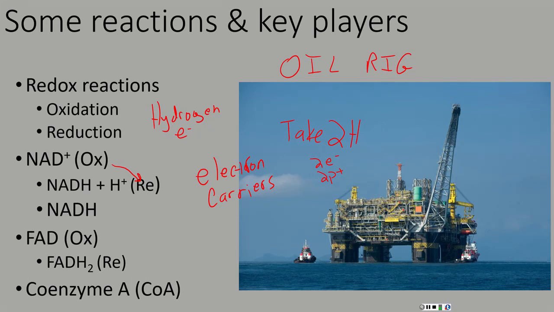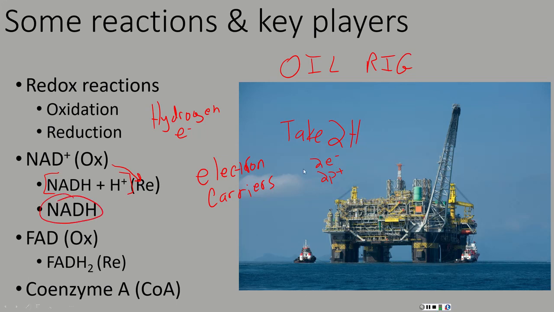Now, let's talk some details that are not super important for this class, but I want to talk about why sometimes you will see it written NADH plus H+. When NAD+ comes along and takes those 2 hydrogens, he takes 2 electrons and 1 proton and becomes NADH.